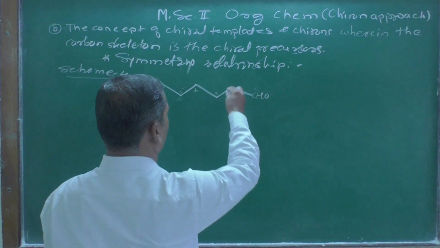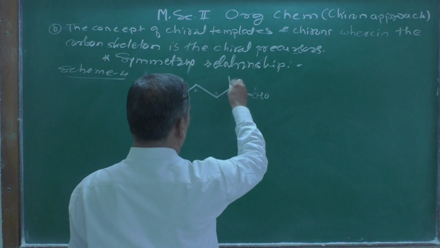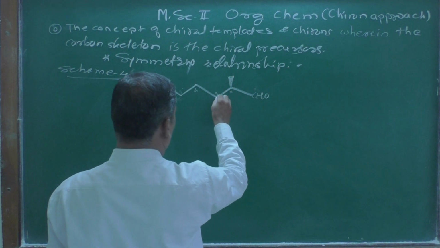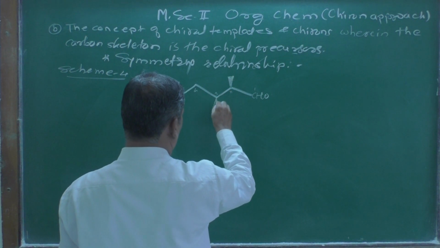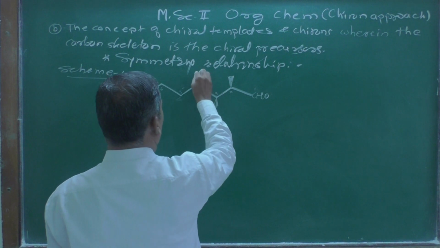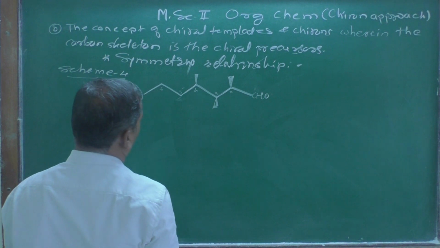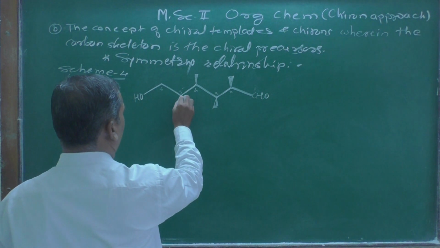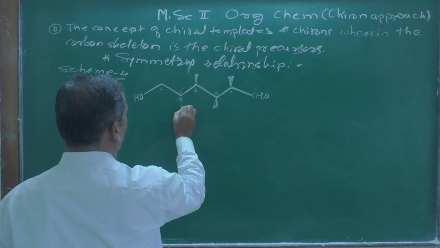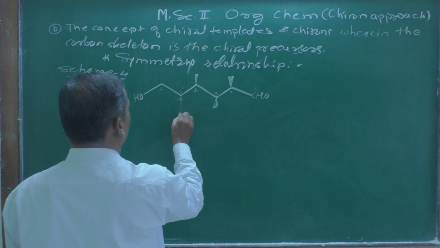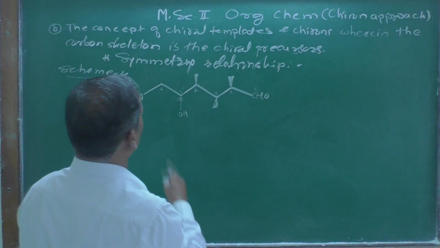How can we show a hydroxy group? As we know, carbohydrates are polyhydroxy aldehydes or ketones. We can show the hydroxy group over here like this. Those groups which are on the right hand side are shown above, and those on the left hand side are shown below the plane.